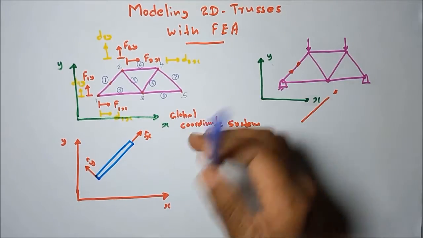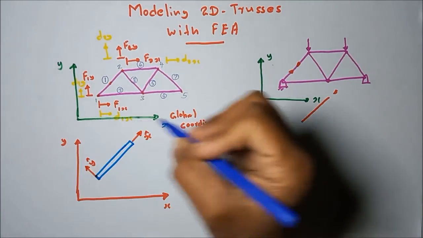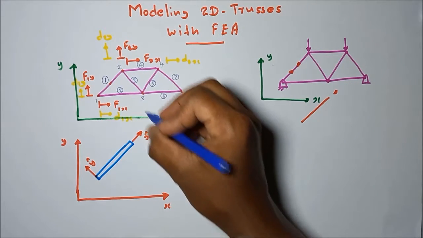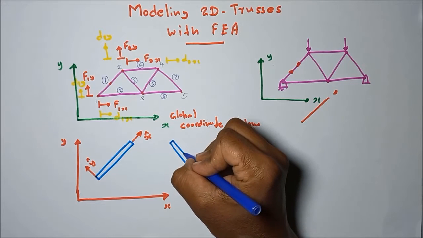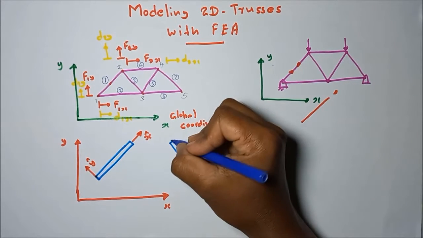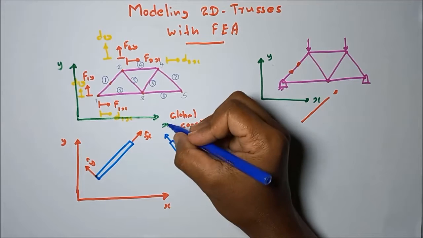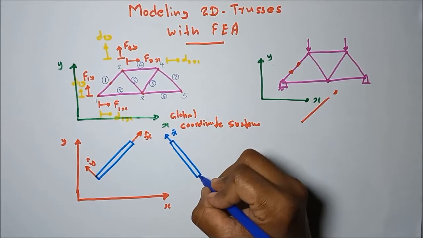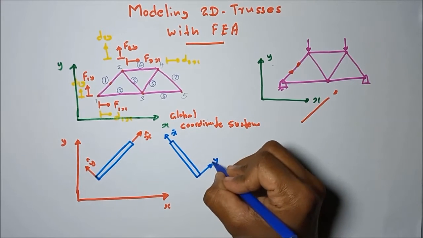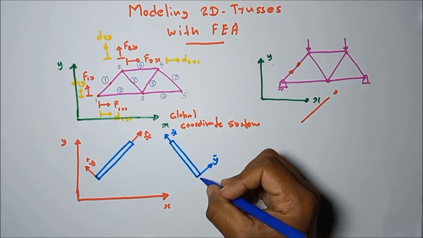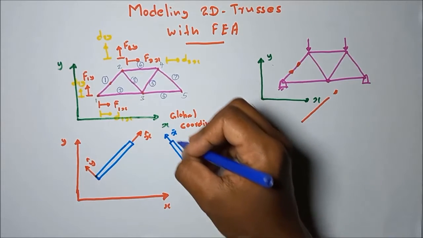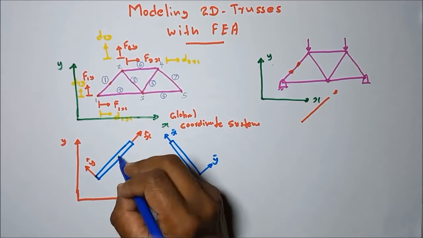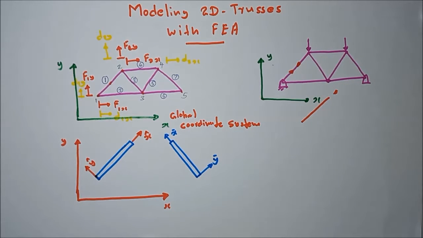For example, if we take the third element, this orientation is this kind of, see? So let's take another local coordinate system, x bar, y bar. These are the local coordinate system for the third element.